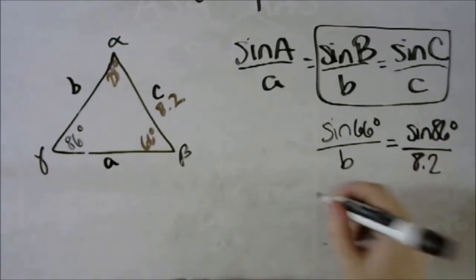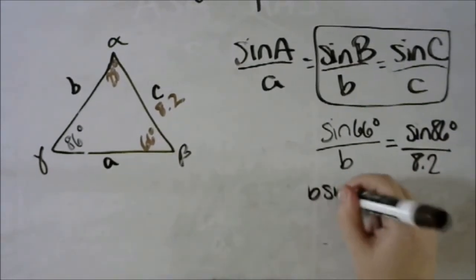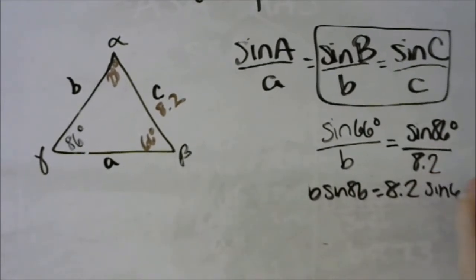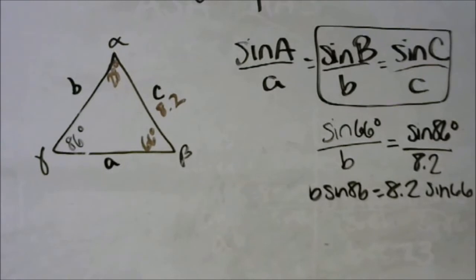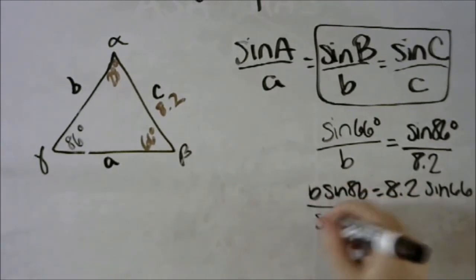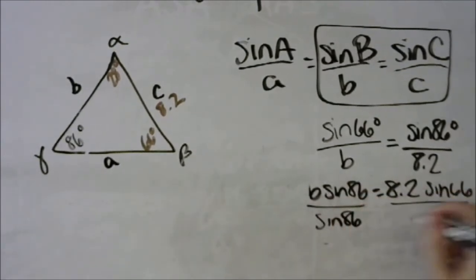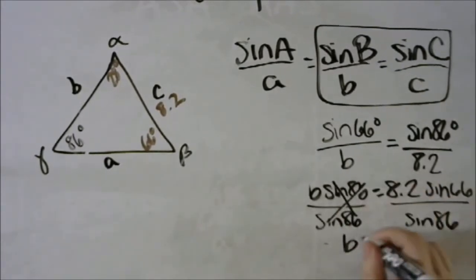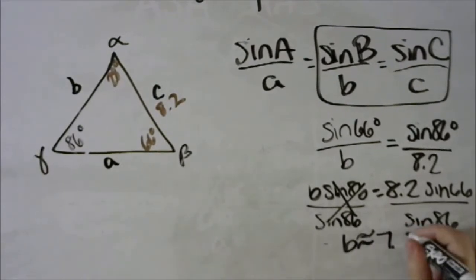If we cross multiply, we get B times sine 86 is equal to 8.2 sine 66. Then we divide both sides by sine of 86, and make sure your calculator mode is in degrees because these angles are given to us in degrees. We find that B is approximately 7.5.